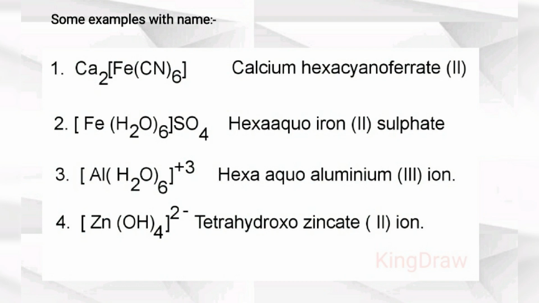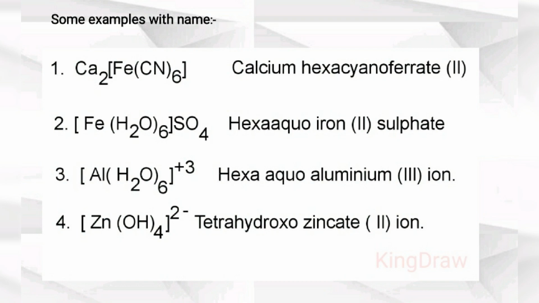So we have to write the name of the cation first, which is calcium, and then the name of the anion. Hexa means 6 ligands are present. The ligand name is cyano, so hexacyano, and then ferrate, the name of the central metal ion, with oxidation state 2. Hence the name of the compound becomes calcium hexacyanoferrate(II).